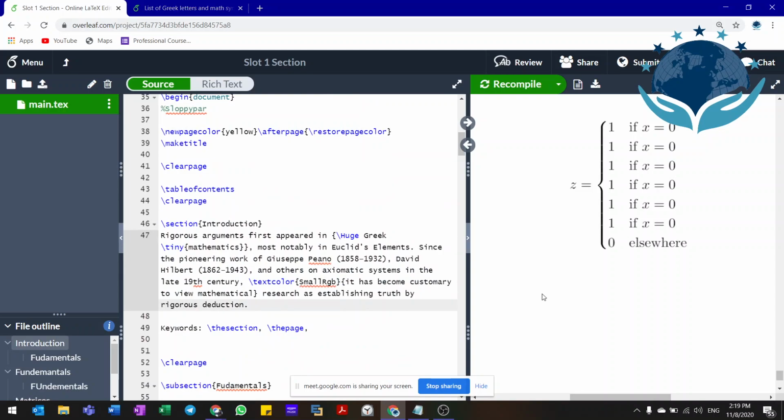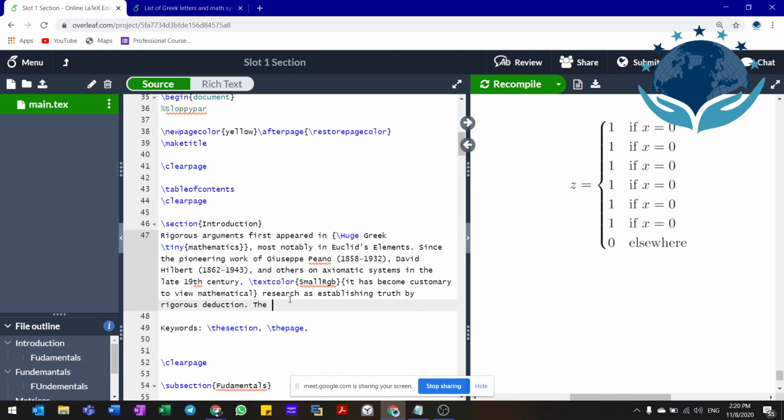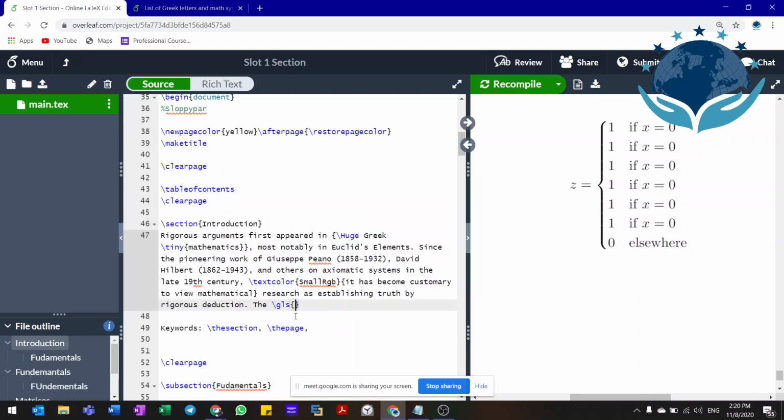So here, let's say the GCD. I have defined the acronym, and now I have to use it. For that, you use the keyword slash GLS, which stands for glossary.